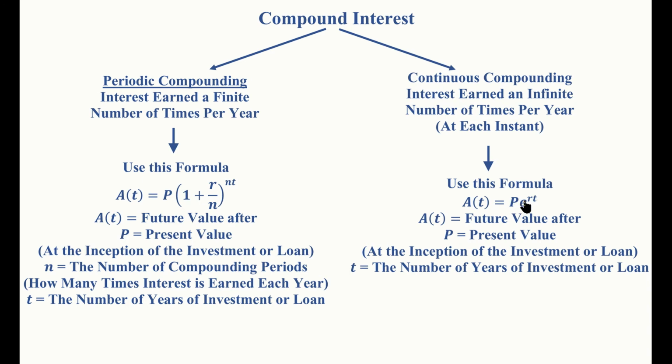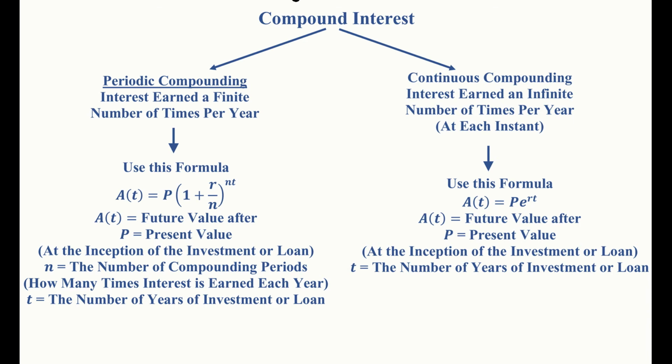So the e here is a constant. Remember, this is not a variable. And the other values stand for the same things they did here: A is the future value after t years, P is the present value, that means at the inception of the investment or loan, and t is the number of years.